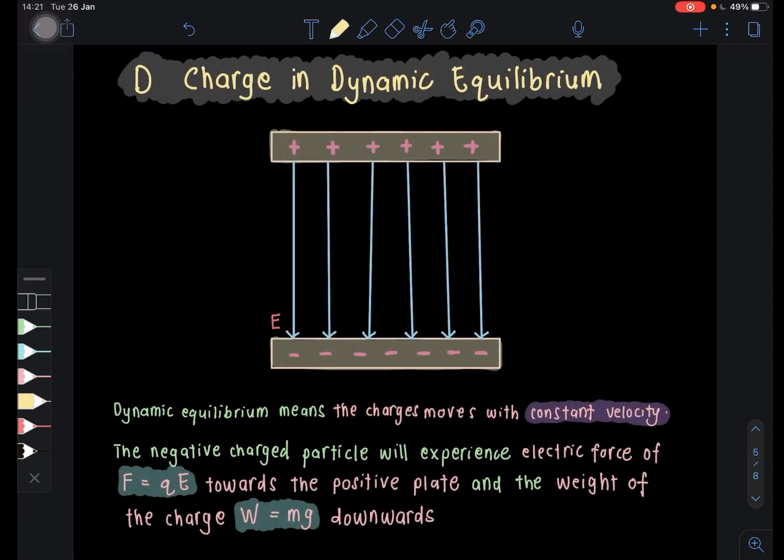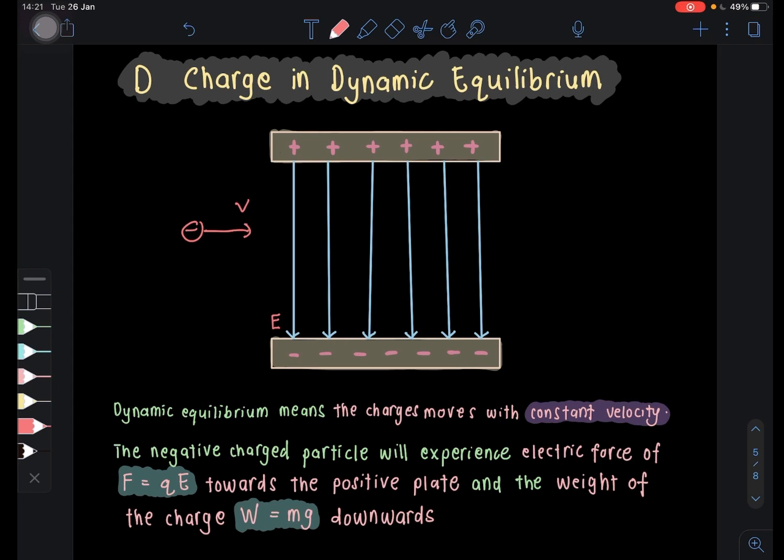So now let's look at the last one, which is when this charge is in dynamic equilibrium. Dynamic equilibrium here means the charge moves with a constant velocity. So let's say we have a negative charge here, moving with a constant velocity.